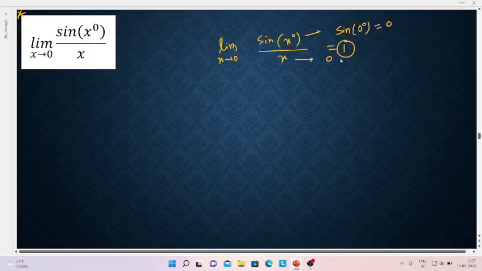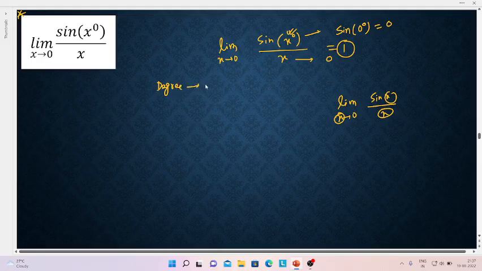But that's not true, because in the previous example we had x in these three places, but here in that particular place it is a degree, it is not a term of x, right? It is x degree. So we can't apply this formula here. So what we can do is we have to change this degree into radian, right? Degree to radian, right?